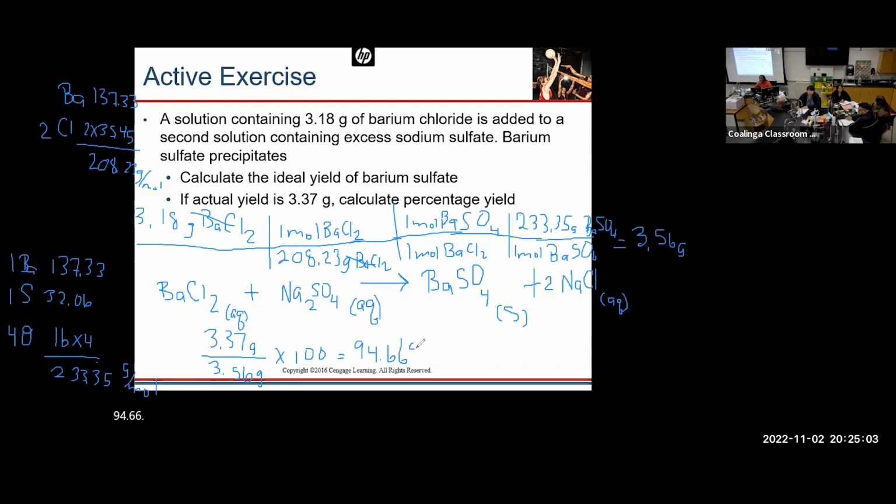How many sig figs do we have? 3, so that should be 94.7. That's good. Okay, so leave your stuff here.